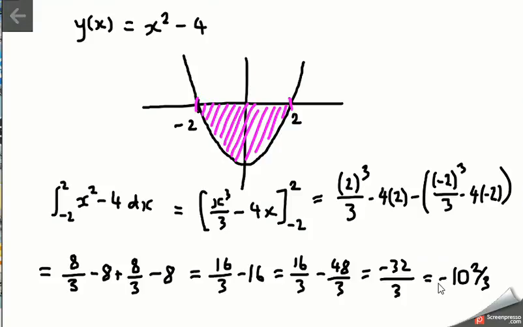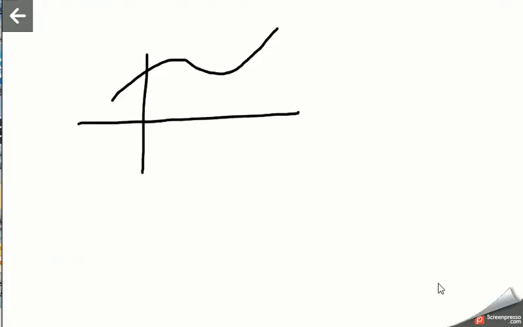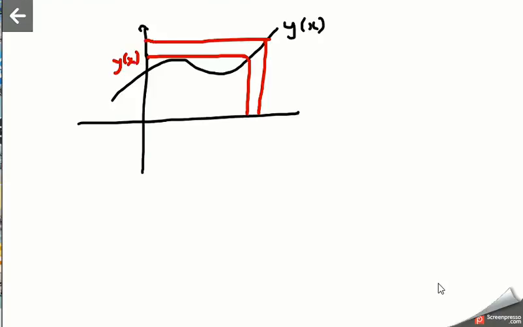Well, let's recall how we calculated the antiderivative before. We had our function y of x, and we made some rectangles like this, and the height we were using was actually y of x and y of x plus h.